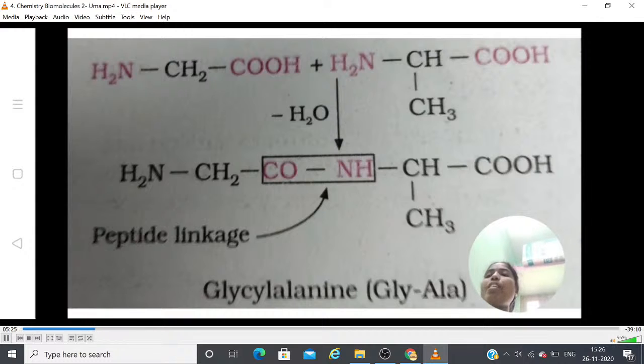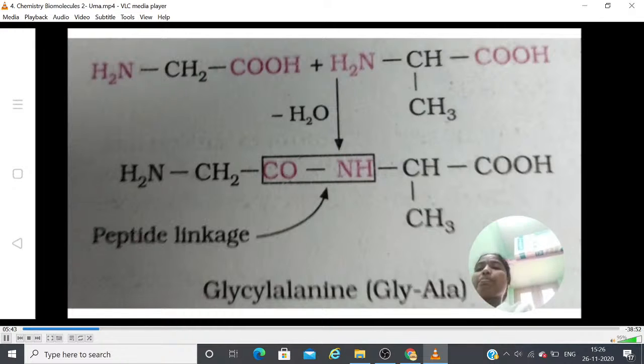Okay, this is a dipeptide. In this equation we are seeing the dipeptide compound. Tripeptide means any 3 amino acids combine to form a tripeptide. Hexapeptide, pentapeptide, polypeptides are formed like this.